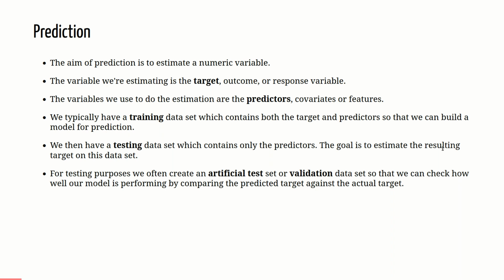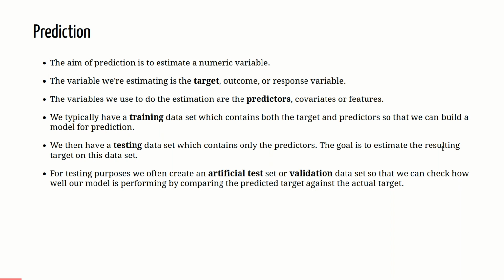And typically to do this, we'll have a training data set which contains both the target and the predictors that we can use to build a model relating the target to the predictors, or the predictors to the target, however you want to think about it. And then we can use that model on a new data set, which is typically called the testing data set, which will only hold the predictors. So the goal then is to estimate the resulting target for that data set.